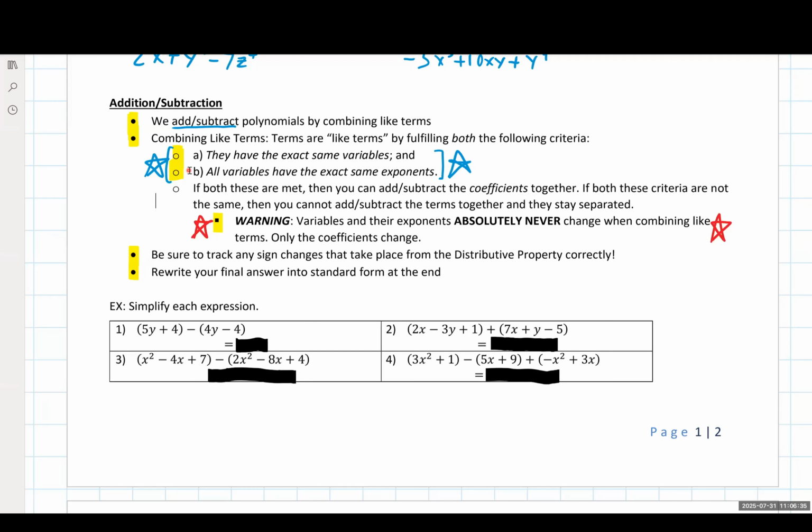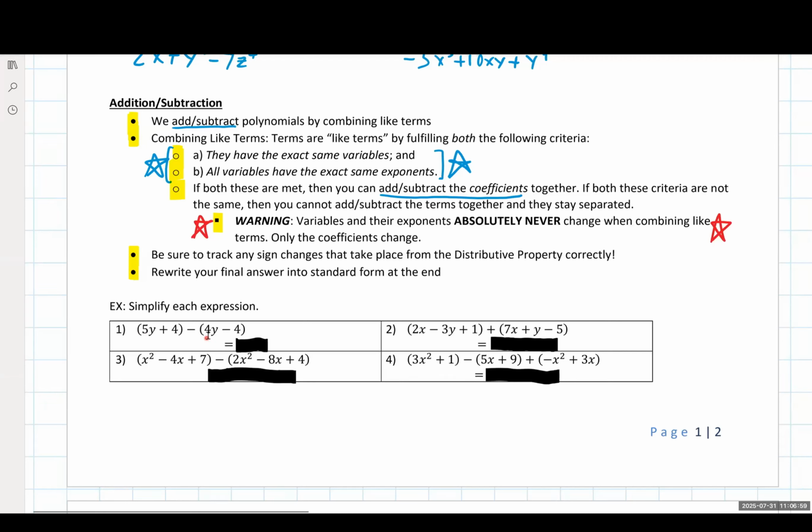Now, it should be stated, if we do have like terms in here, we are only going to be adding or subtracting the coefficients together. And the coefficients are the bigger numbers that are sitting in front of those terms. So if we're taking a quick glance down at the examples, the coefficient for this term here would be 5.